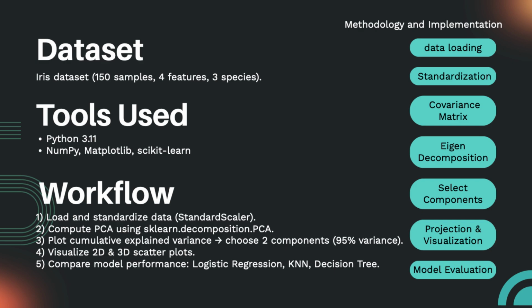Second is computing PCA from the covariance matrix. Next, selecting the number of components using cumulative explained variance. Next is visualizing the transformed data in 2D and 3D. And finally, comparing model performance with and without PCA using logistic regression, KNN, and decision tree.